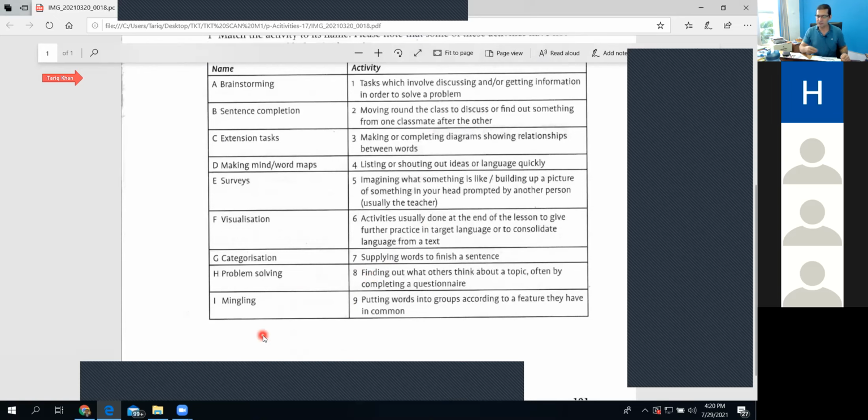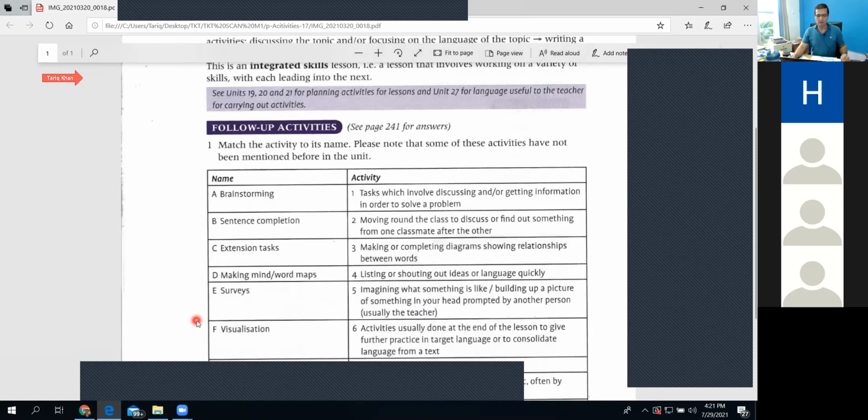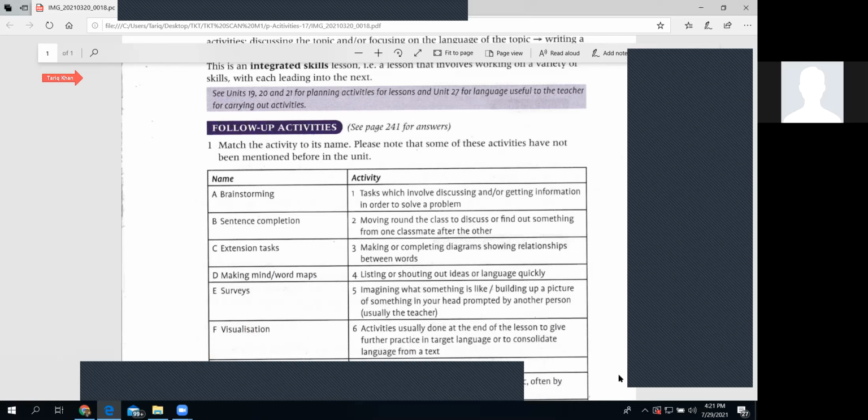Are you people doing this activity, follow-up activities? Yes, sir. Okay, only Madhu is doing, or anybody else is doing? Sujika, Gimhani, are you people doing this activity?